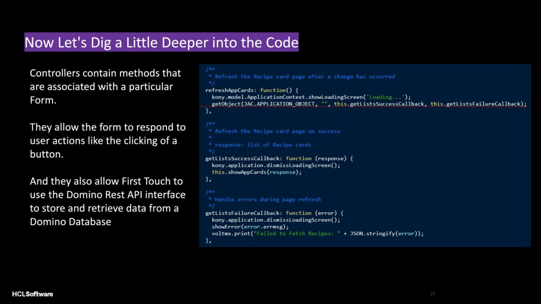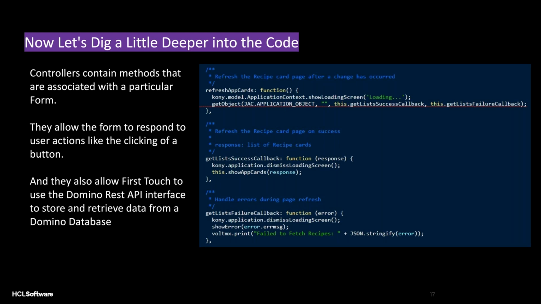So you have the object you wish to fetch, and then just two other parameters. One is the callback on success, the other the callback on failure. If you go down to the next method, it's the callback on success, and all it does is call another method to display the recipes.